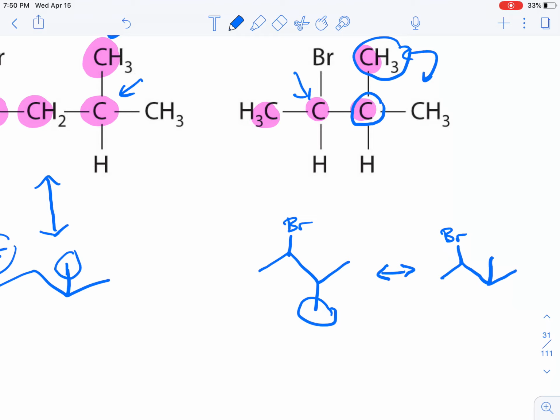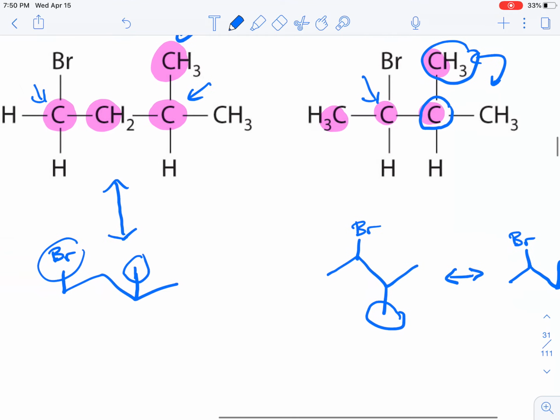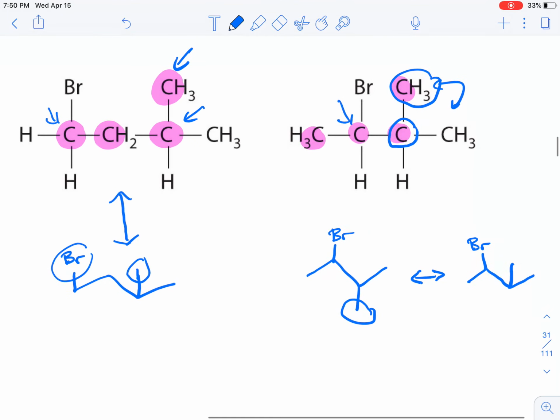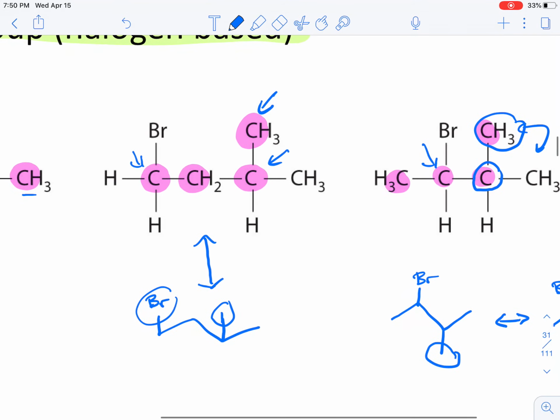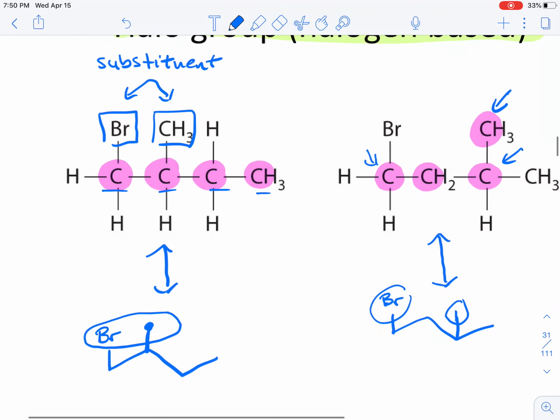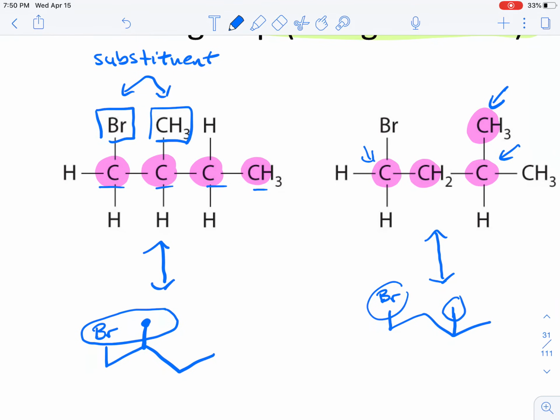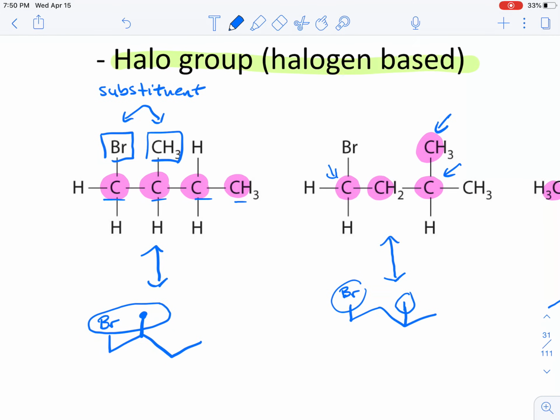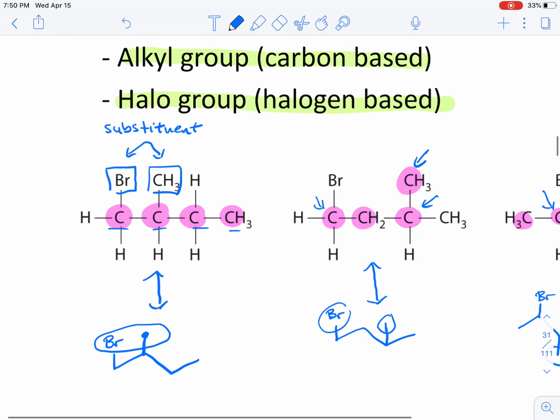Okay. And so hopefully this exercise shows you how we're going to depict these substituents on our parent chain. You can think of substituents as the attachments on the parent chain. And we're going to learn how to name them with the parent chain.